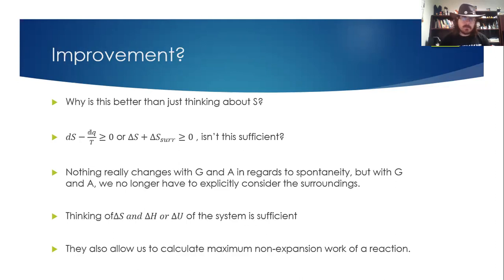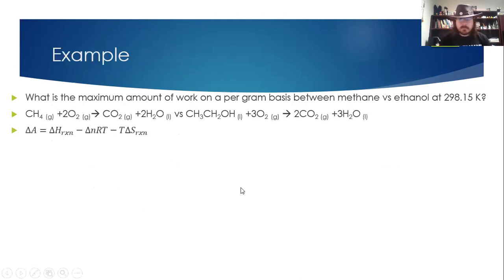And because of how we just set this up, it allows us to calculate the maximum non-expansion work for a given reaction. So how much electrical energy would we get from a 100% efficient system? So what is the maximum amount of work on a per gram basis between methane and ethanol at 298.15 degrees Kelvin?